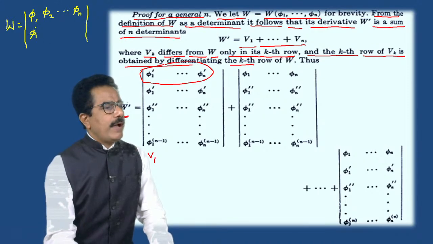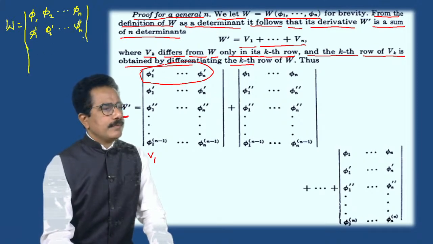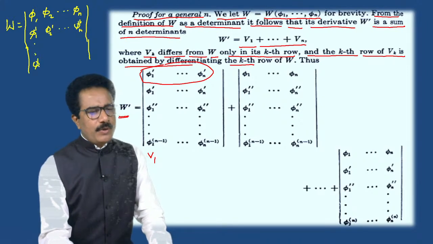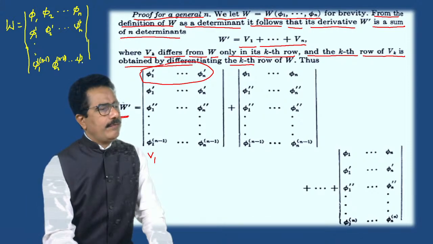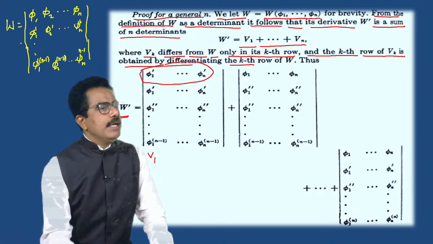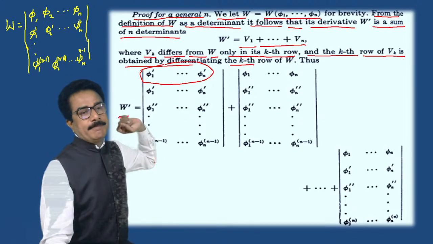Second row phi 1 dash, phi 2 dash, up to phi n dash. Third row in this way, up to the last row phi 1 raised to n minus 1, phi 2 raised to n minus 1, up to phi n raised to n minus 1. Suppose this is the Wronskian.